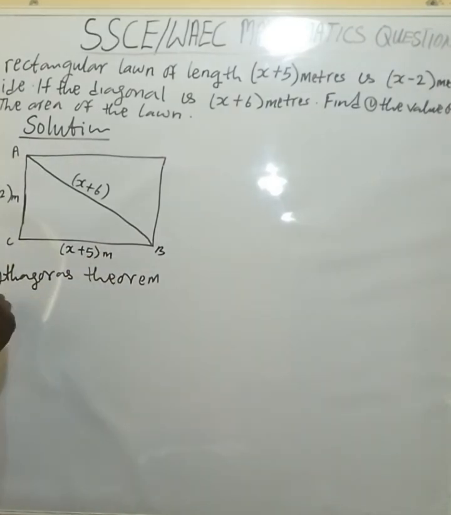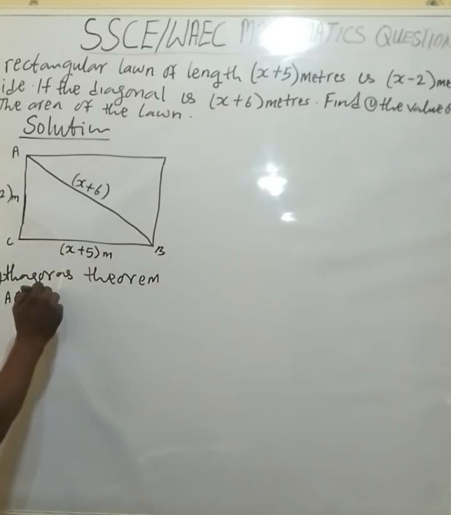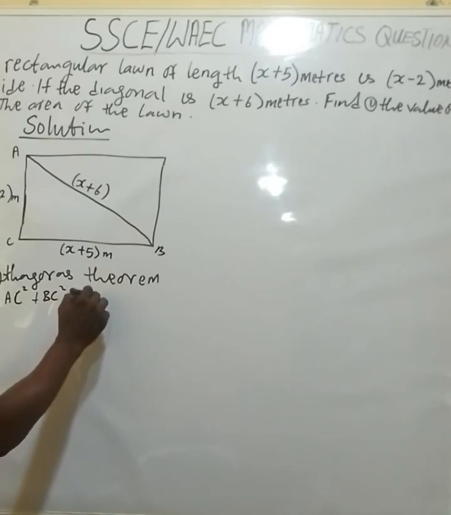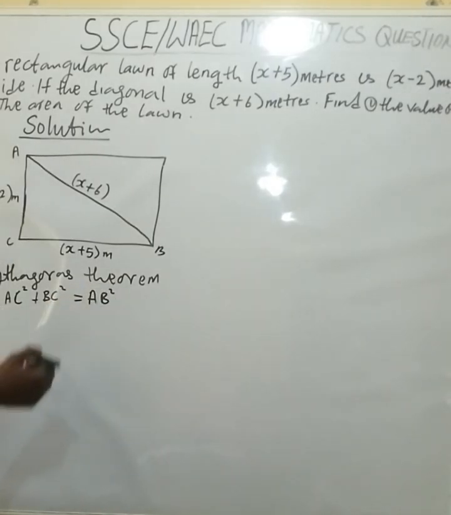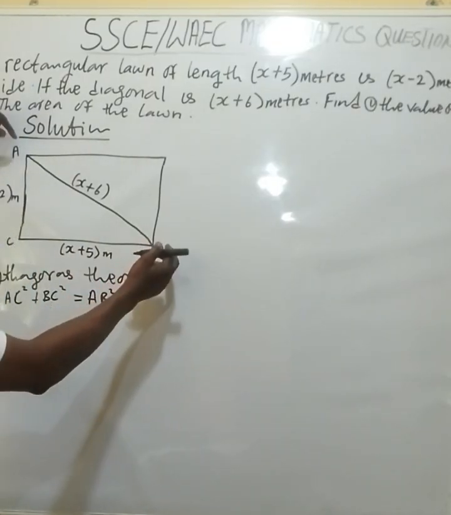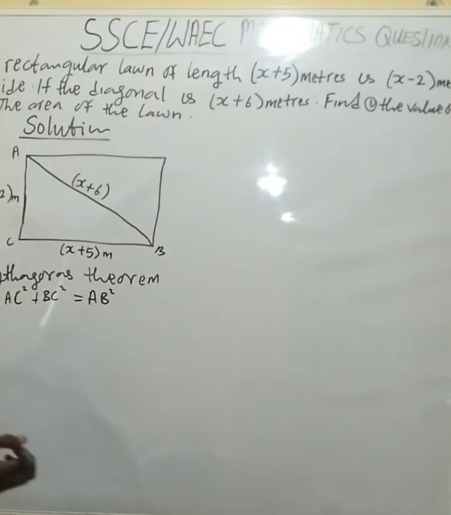So it will be AC squared plus BC squared equals AB squared. That is, length squared plus breadth squared equals diagonal squared. That's what that one is telling us.